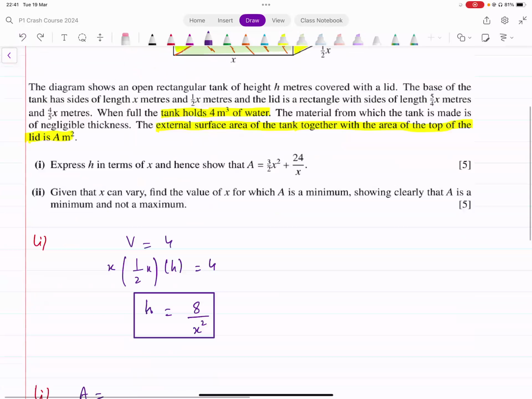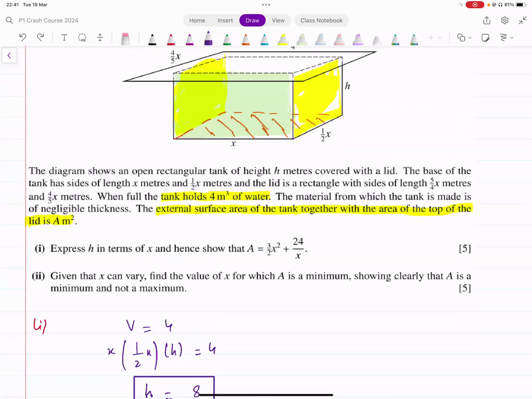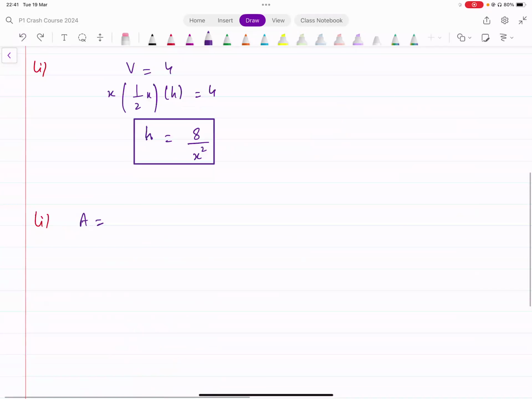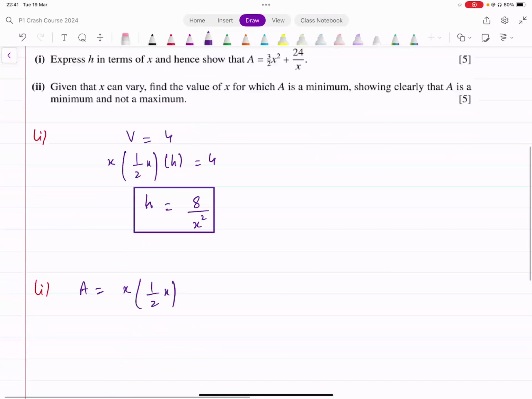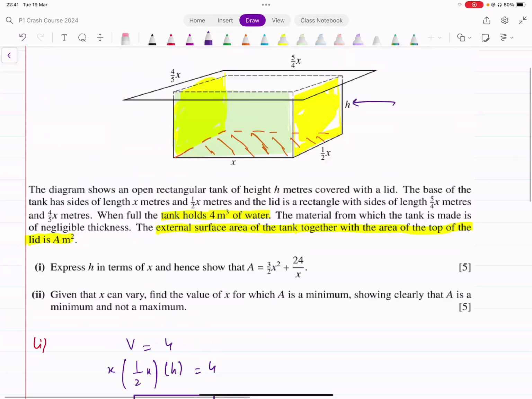So there's a bottom surface. What's the area of this rectangle at the bottom? x into half x, right? Then the yellow faces, the one on the right and the one on the left. What's the area of these 2 faces?